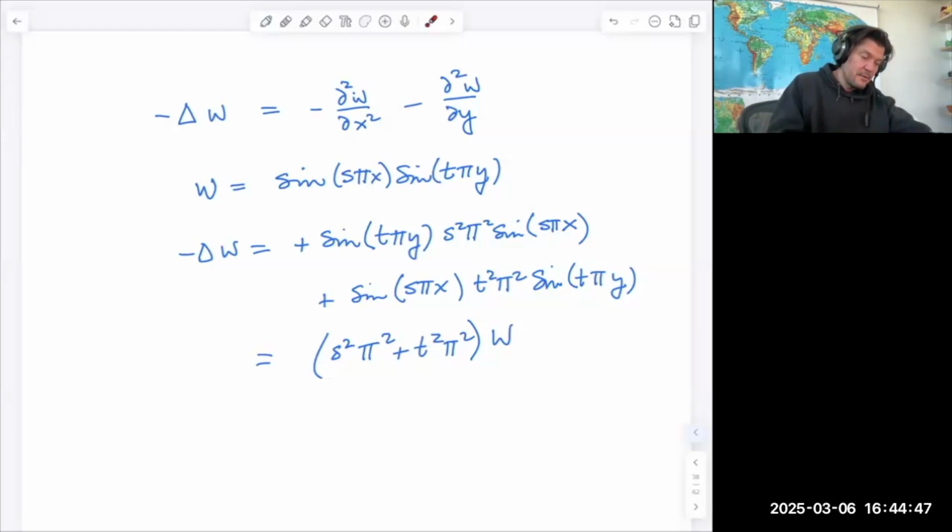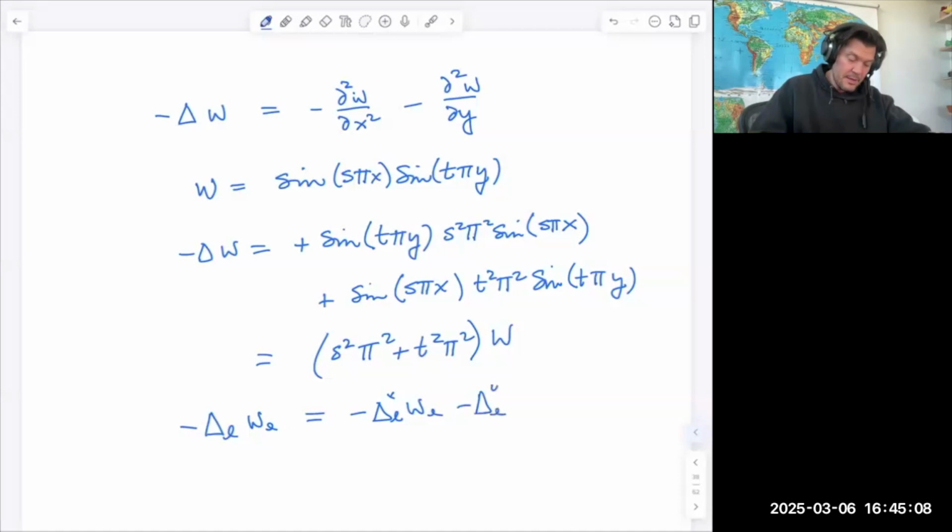So I have a finite difference operator that is going to act on a function which looks like that, and I'm going to write it as minus Laplacian in the x direction of w_L minus Laplacian in the y direction of w_L. And again, the same thing happens. This is a linear operator.